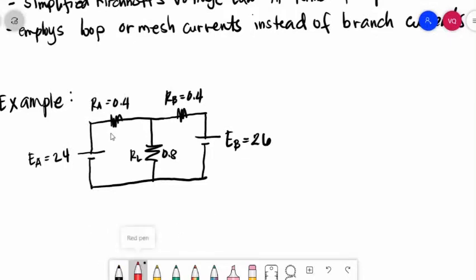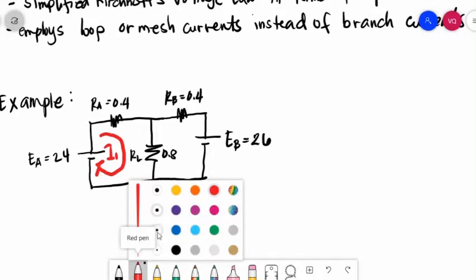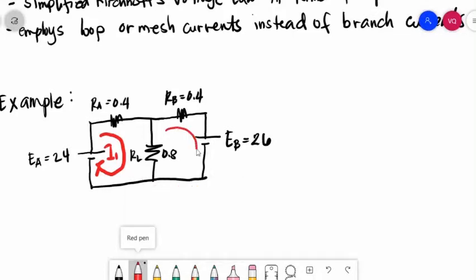So we will let this closed loop be our loop I1, and the other closed loop is our loop current I2.